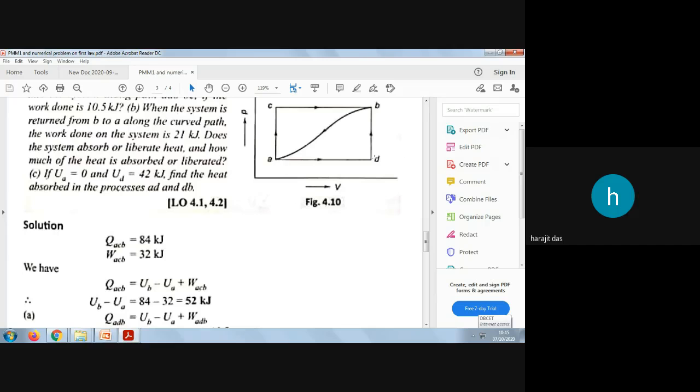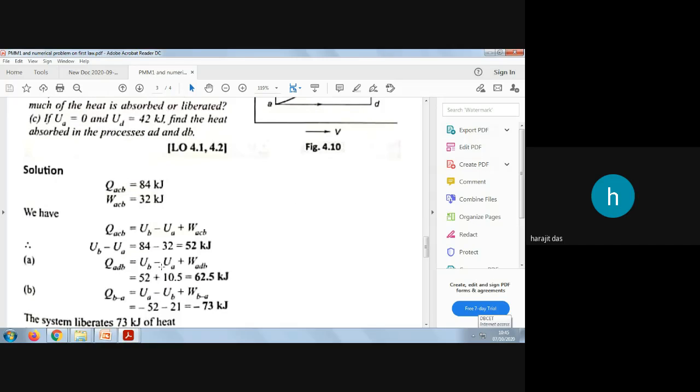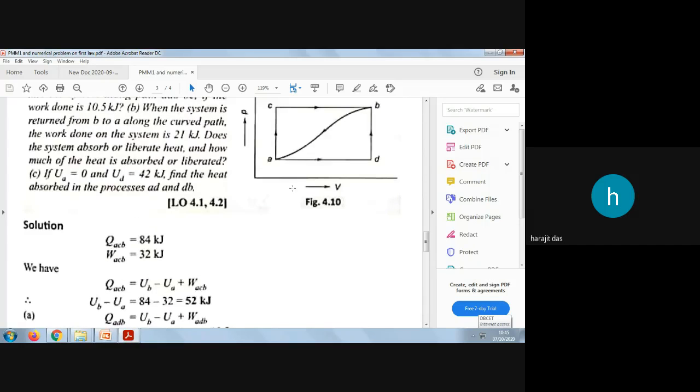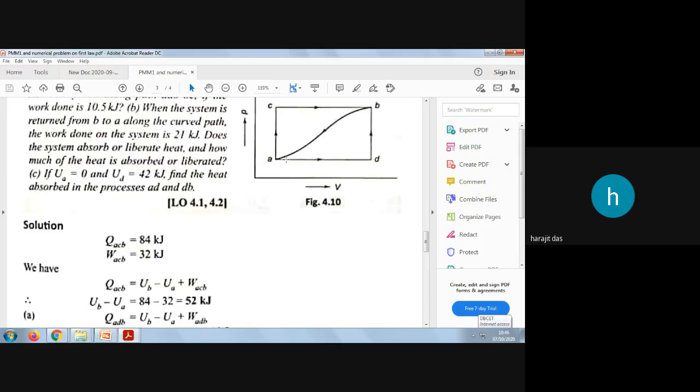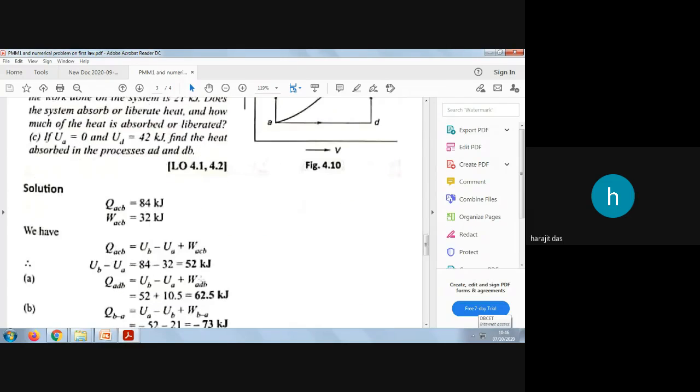For QADB, how will we write it? UB minus UA plus WADB. WADB is given as 10.5, and because the system is doing some work, it is positive.